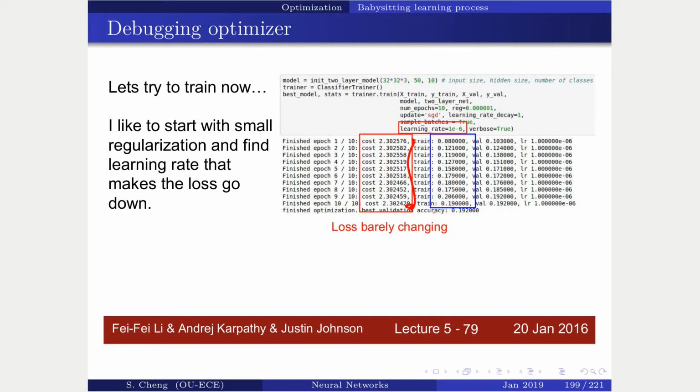The learning rate is probably too low, but you see that the cost is barely changing after several epochs, while the accuracy actually went up quite a bit. It kind of doubled. Can you reason about why it's possible like this?